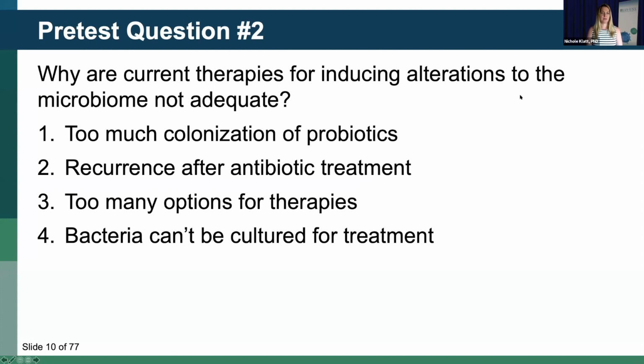So which one makes it not adequate? Recurrence after antibiotic treatment is the clear winner there, 59%. And again, we'll come back to this throughout the talk and then at the very end.